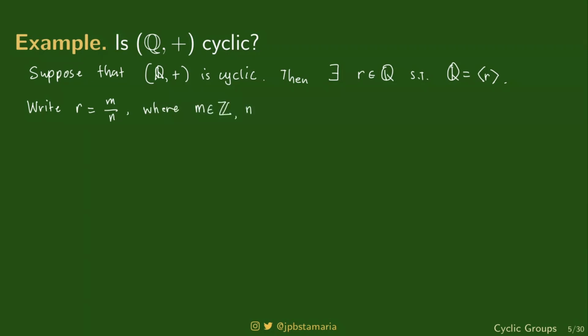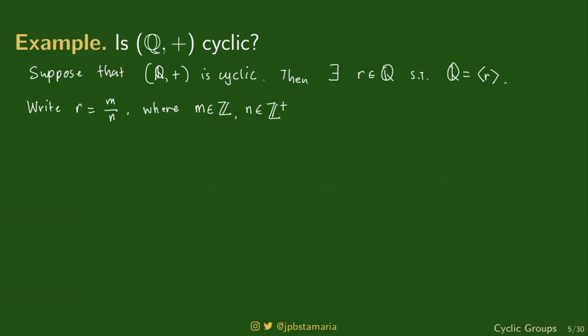So, si N ay hindi dapat 0. So, ipipilit kong si N to be a positive integer. So, halimbawa kung meron man akong 3 over negative 2, ilagay mo na lang yung negative sa itaas. Parang m ko negative 3, ang n ko ay 2. Okay? Laging i-fix na lang natin na positive yung denominator.